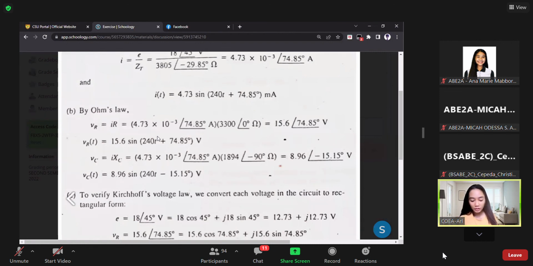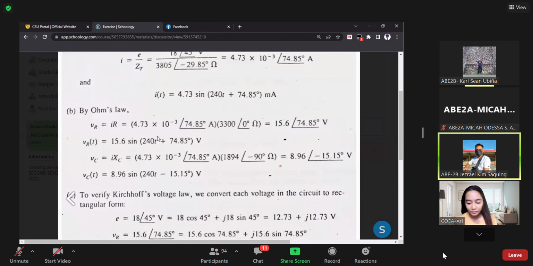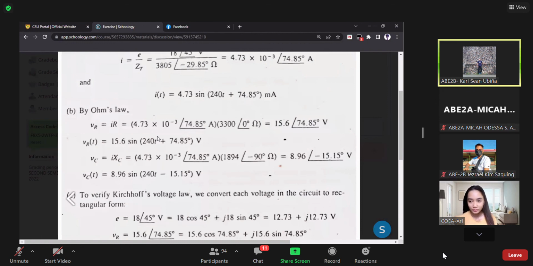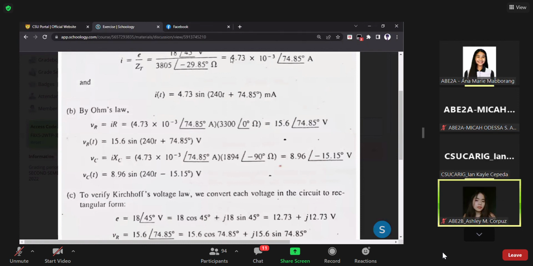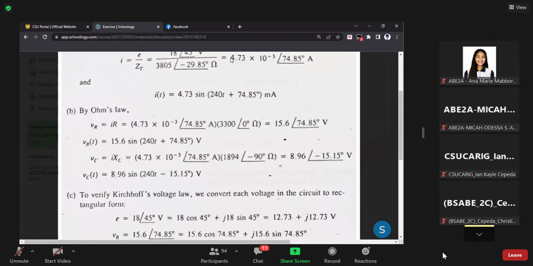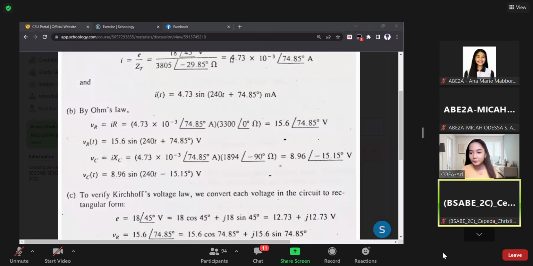What is the rectangular form? 4.079364436 plus 15.0665 or 812 i, ma'am. Okay, so parehas ulit kami ni Carl. How about the others? Same, ma'am. Same po, ma'am. Same? Ayan, same.